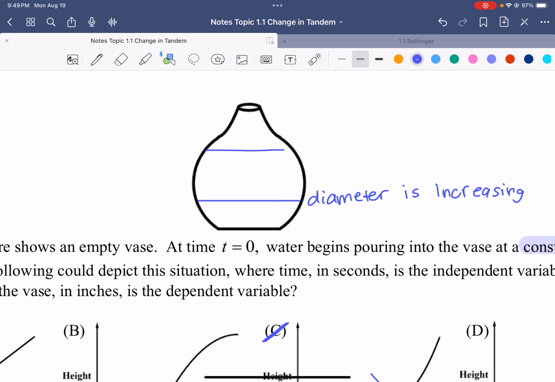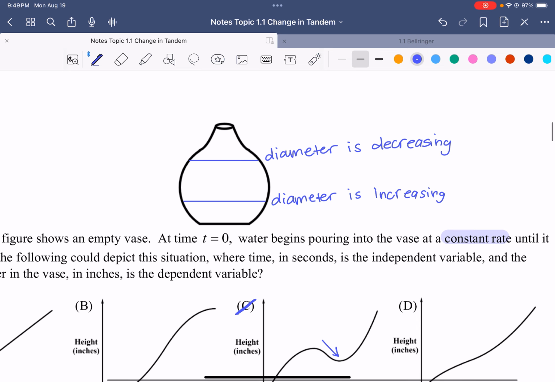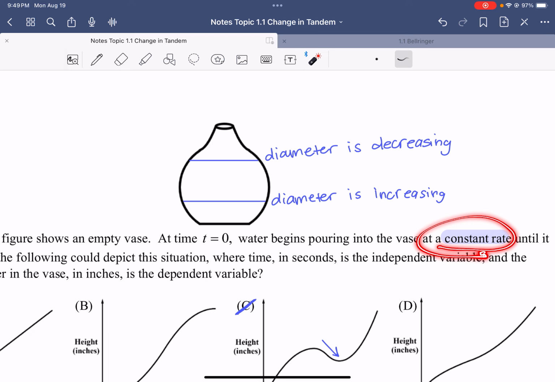So as you get somewhere over here, the shape of the vase gets more narrow. Okay, so in both of these, the height of the water is still going to be increasing because we haven't turned the faucet off, because it says that we're filling it up at a constant rate. We're not stopping the water.